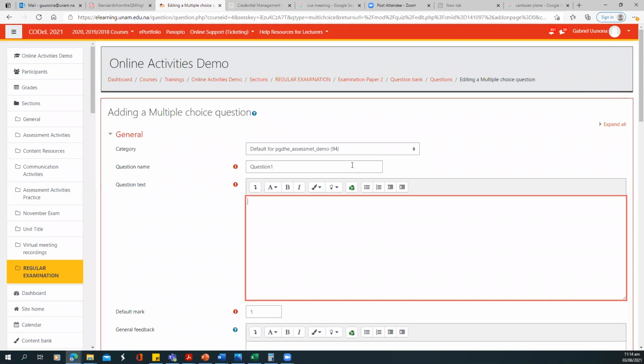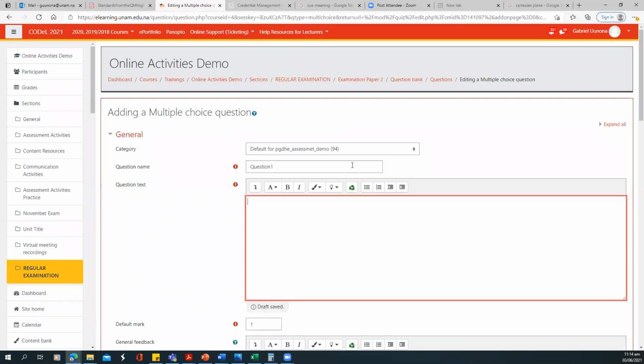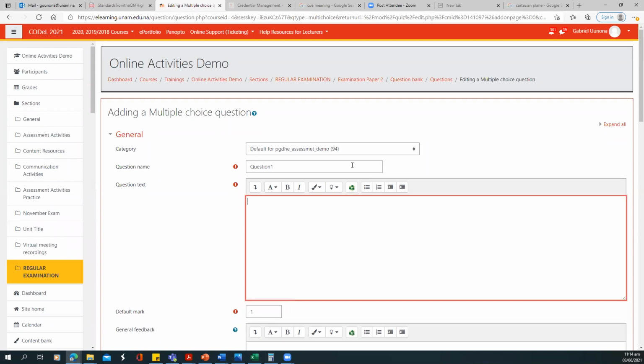While we are at it, let us take note. In multiple choice questions, we don't add things like all of the above, all of the below, and so on, because the choices will also be shuffled.